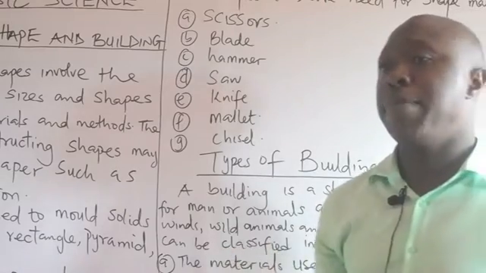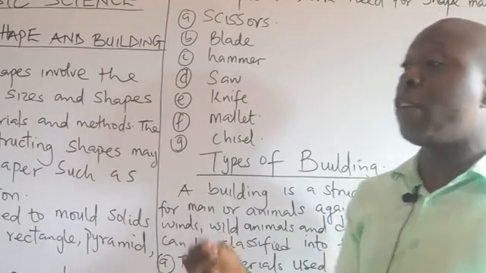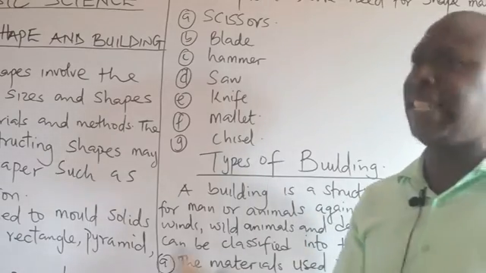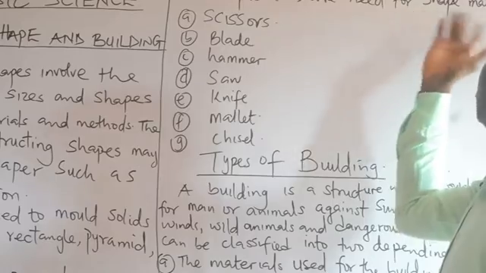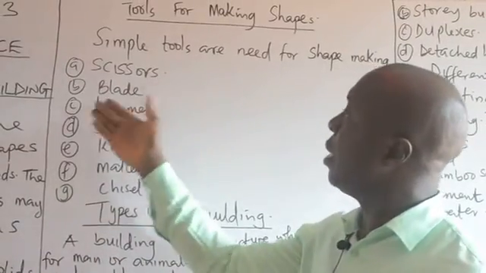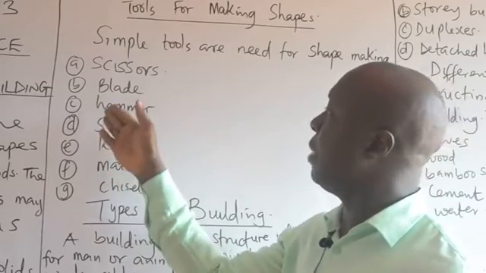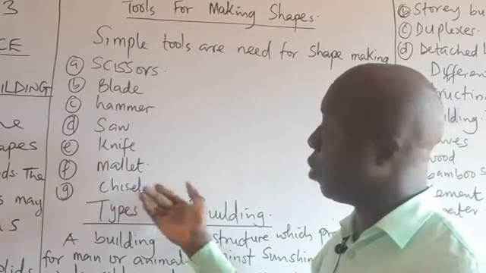Then we also have tools for making shapes. What are those tools that are necessary? That is, when you want to construct a particular shape, what are those tools that are needed? We have simple tools needed for shape making, like scissors, which we use for cutting, razor blades, hammer, saw, knife, mallet, and chisel.